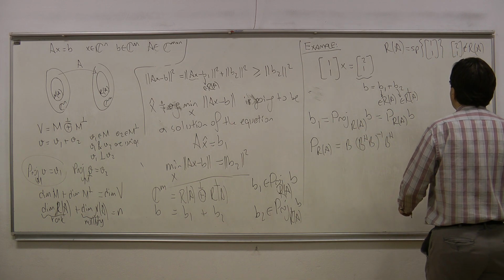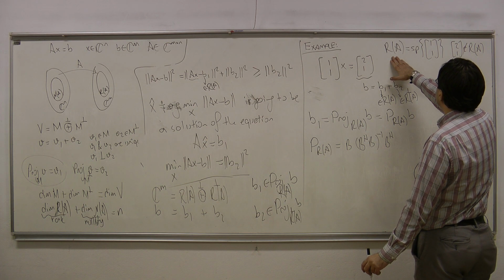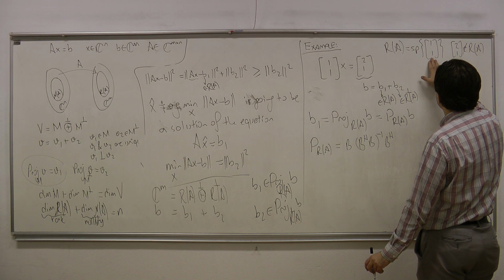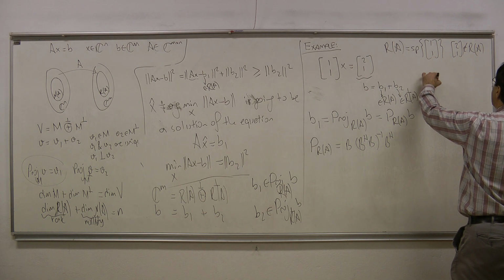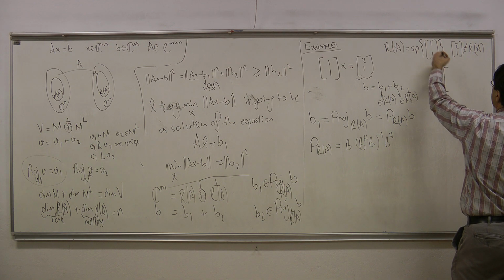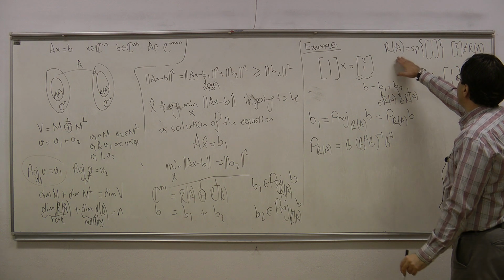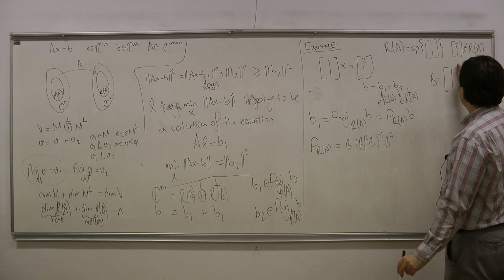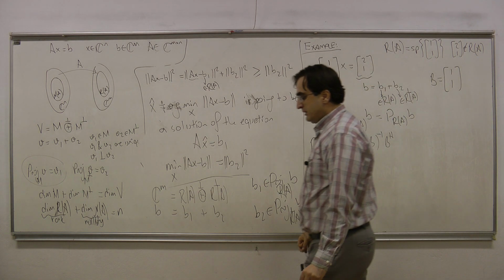Now, how should I choose my B? The range space of A that I would like to project onto is one-dimensional, therefore it has one independent basis vector. So I will choose my B to be composed of a single column, (1, 1). If the range space of A had more vectors in its basis set, then I would put those vectors also into my B matrix.